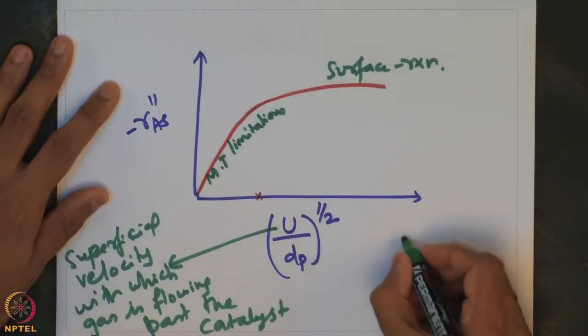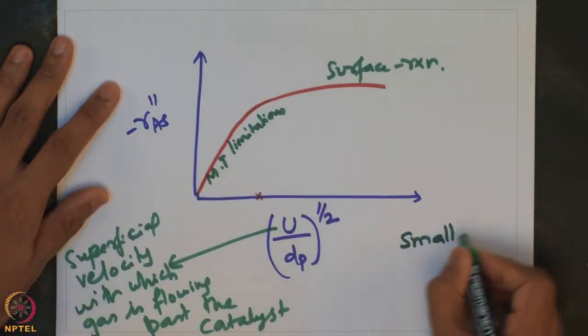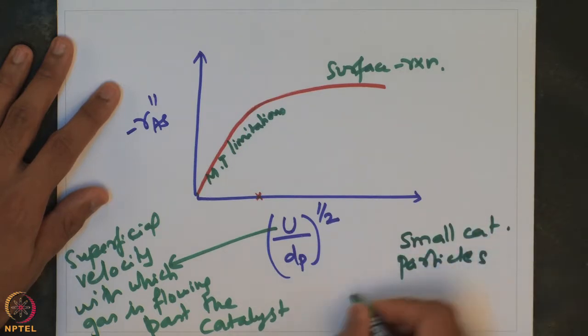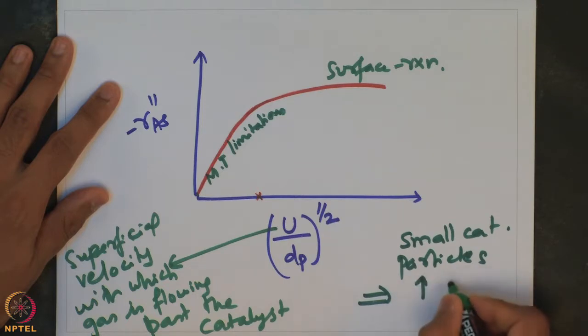So, small catalyst particles are actually not desirable, because this is going to lead to an increase in the pressure drop through the reactor. Flowing a fluid through the bed is actually an important aspect, because pumping actually involves some cost, and so we want to design the reactor in such a way that the pressure drop for pumping the fluid is as minimum as possible.